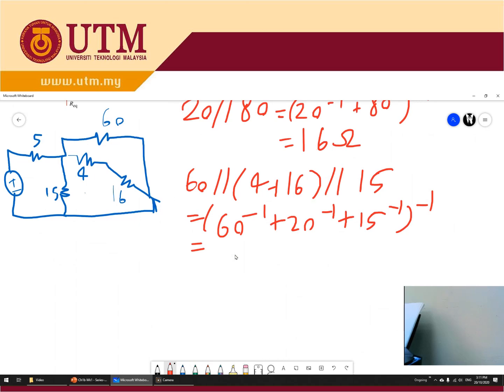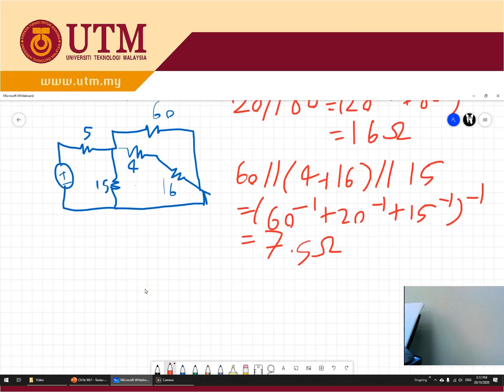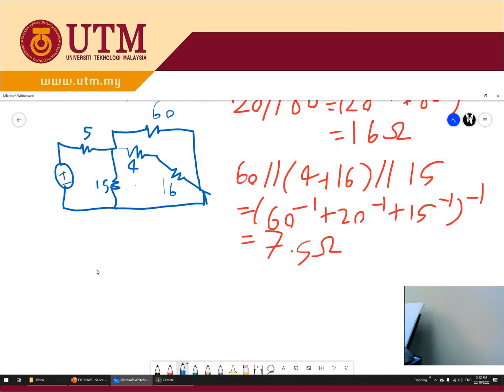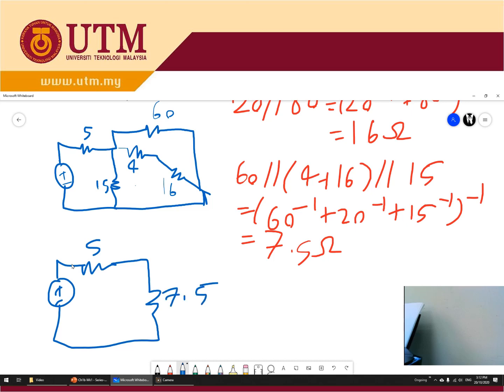So after you calculate, you get 7.5 ohms. Again, redraw. Plus minus 5, and this one becomes 1 only, so 7.5 ohm.